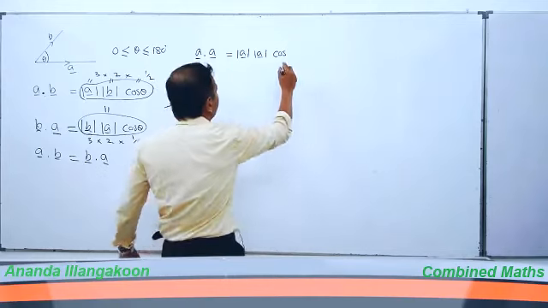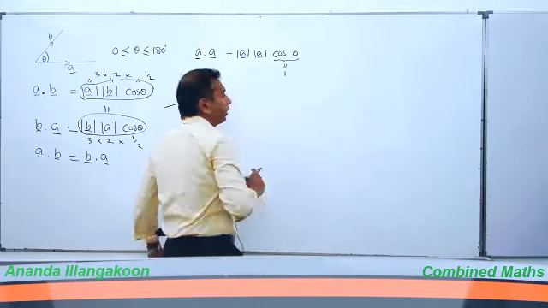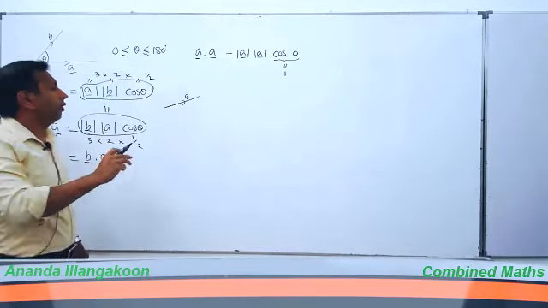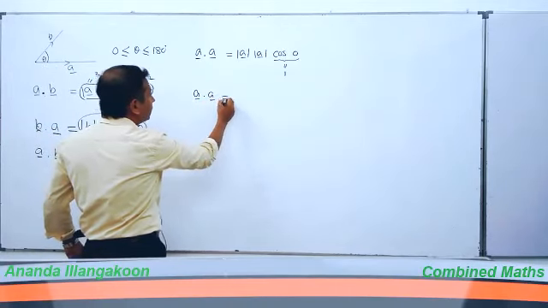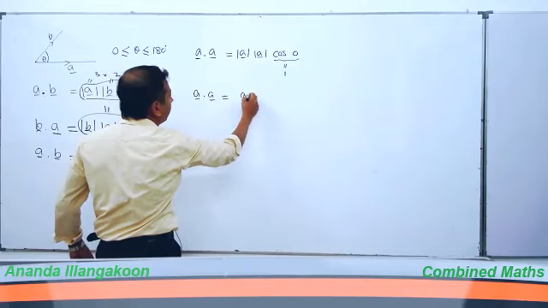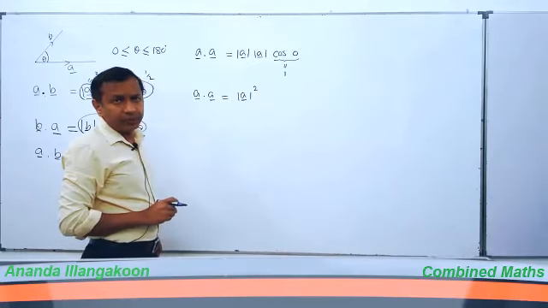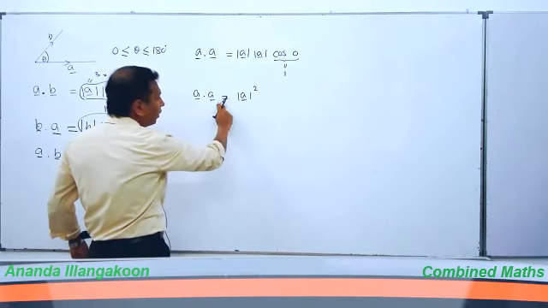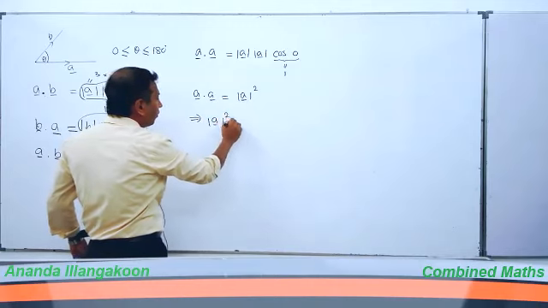Then here we get cos 0. But cos 0 is 1, as we learned in trigonometry. Then we get A dot A as mod A squared into 1, which is mod A squared. Therefore, A dot A is equal to mod A squared, that is, mod A squared is equal to A dot A.